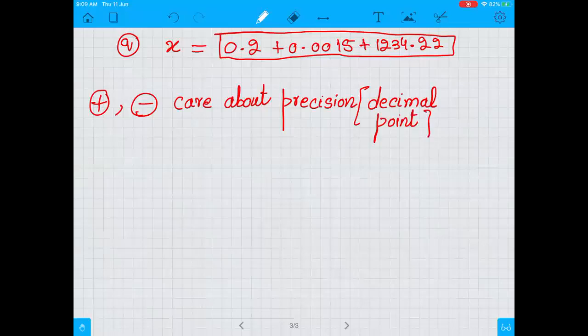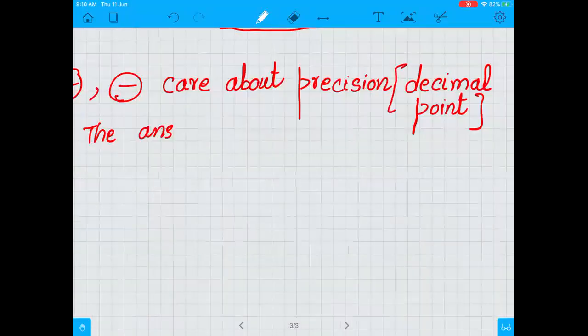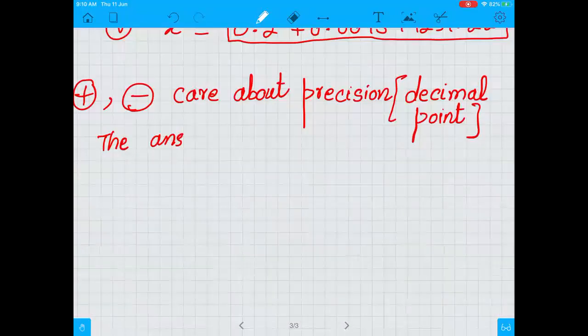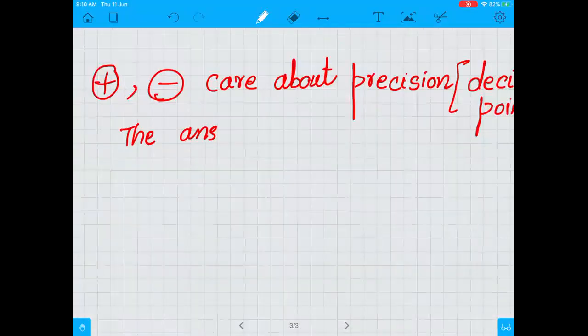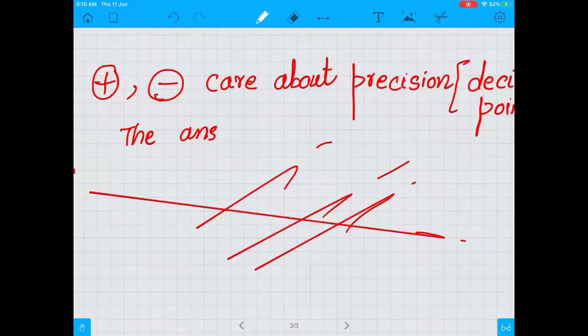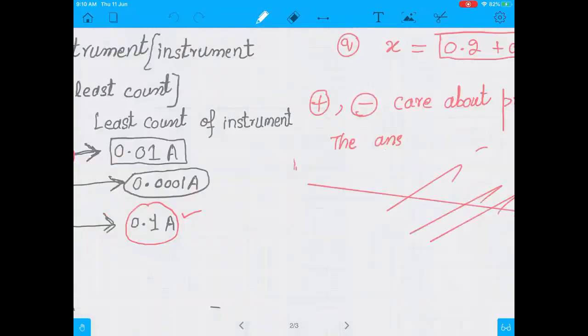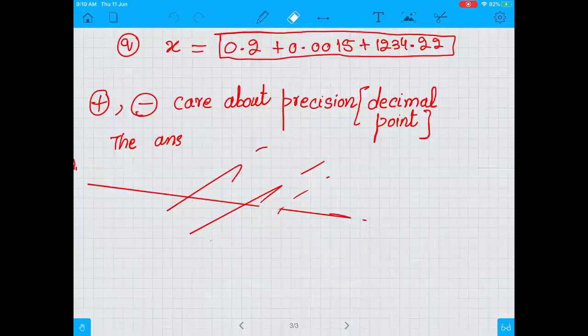Precision is, in simple words for your understanding, decimal points. So when you are adding or subtracting, you have to be careful.